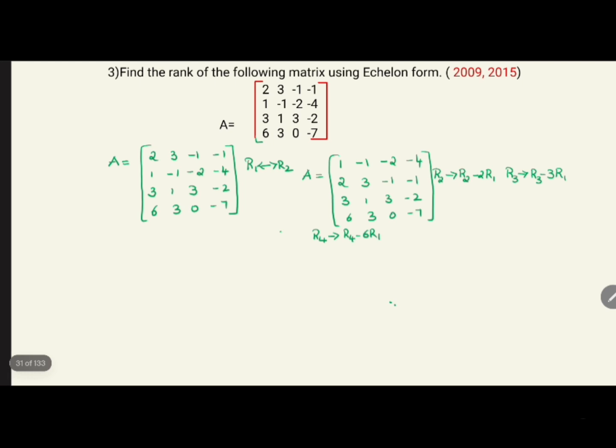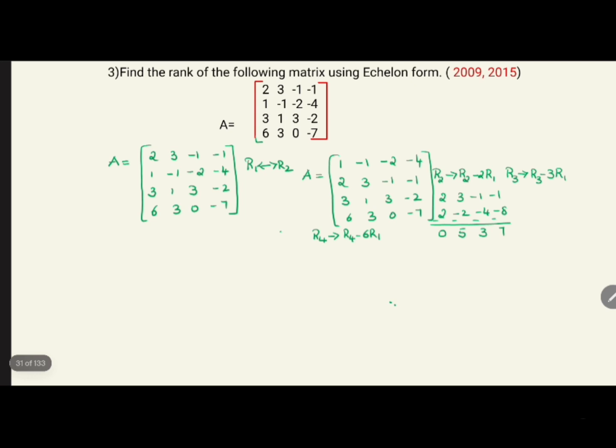Now first let us perform this row operation, R2 minus 2R1. Write down R2: 2, 3, minus 1, minus 1. Multiply the first row by 2: 2, minus 2, minus 4, minus 8. Subtract these elements. 0, 3 plus 2 is 5, minus 1 plus 4 is 3, minus 1 plus 8 is 7.